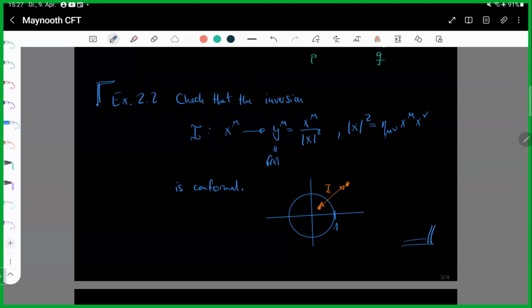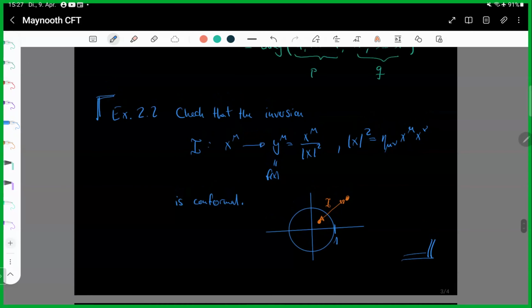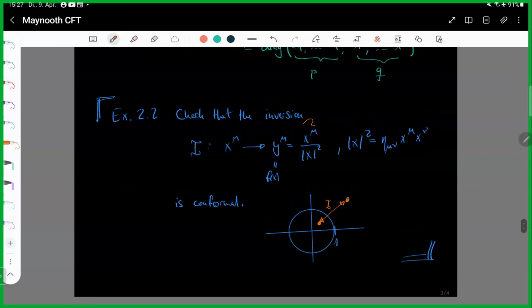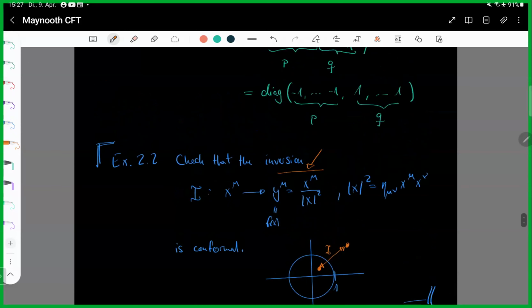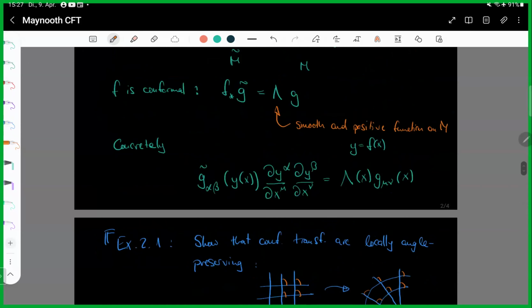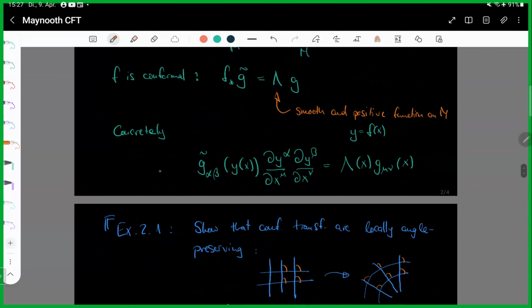So that's an exercise, and what you're supposed to do now is you have this prescription here, and you're supposed to go into this formula here and check that you get it back.